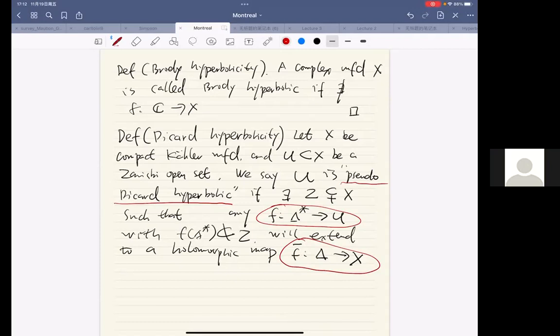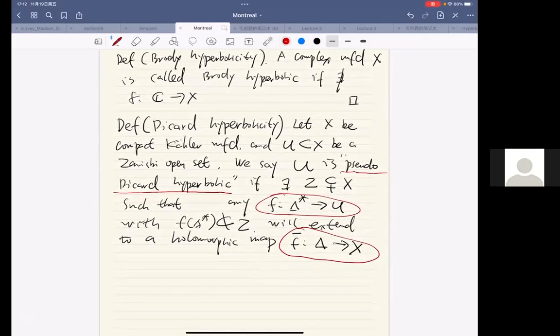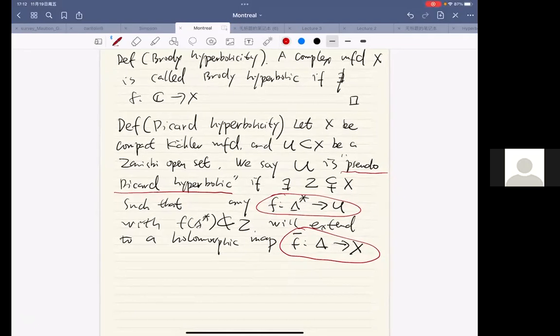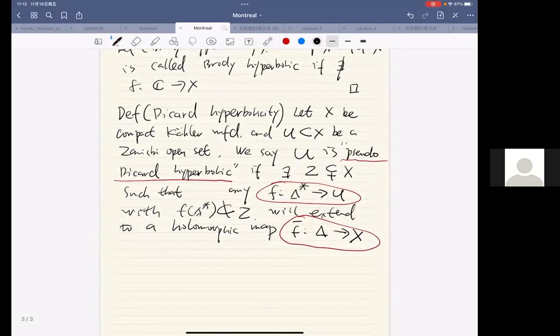If we lose the Kähler assumption, I don't know how to prove that this property does not depend on its compactification. For instance, if this holds for U, for some X which contains U as a Zariski open set, I don't know whether for any other Y which contains U we still have this property. This is a big problem for me. Therefore, the Kähler assumption was used for this property. Okay, thank you. I will explain very soon why I need this assumption.